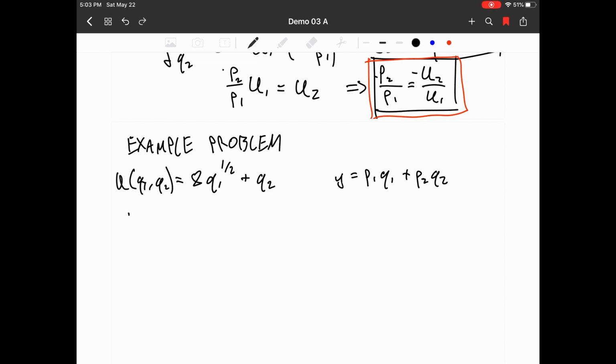So our utility of the first argument is the derivative of u with respect to Q1. And that's just going to be 8 times 1/2 times Q1 to the negative 1/2. And our utility of the second argument is the derivative of u with respect to Q2, which is just 1.